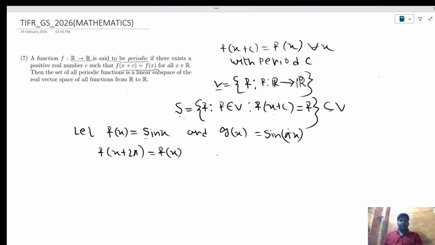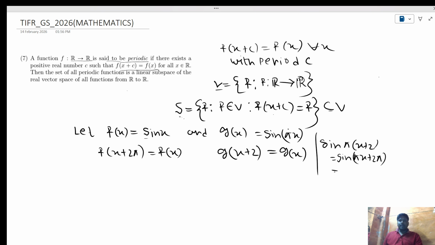That means f of x plus 2 pi equals f of x, and g of x plus 2 gives g of x, because g of x plus 2 means sine of pi x plus 2 pi, which is nothing but sine pi x. This is true for all x belonging to R. So f of x is a periodic function and g of x is also a periodic function. Therefore, f and g both belong to S.